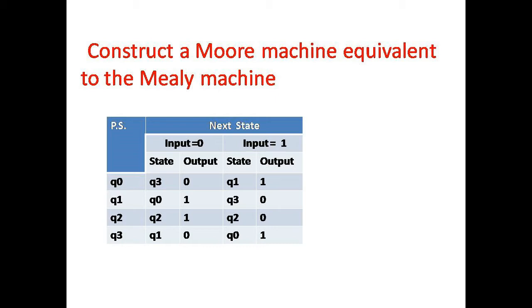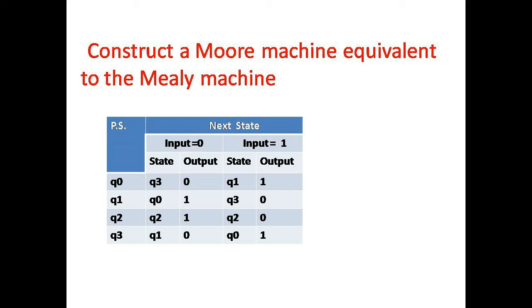Output symbol depends on the present state as well as the input symbol. That is, on input 0 the output will be given, and on input 1 the output will be given. For example, Q0 on input symbol 0 goes to Q3 and produces the output 0.